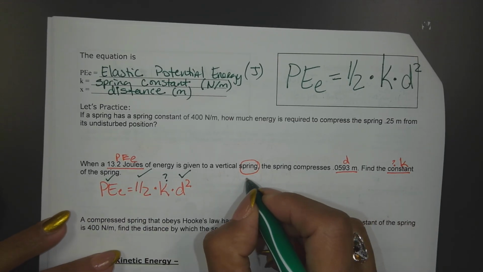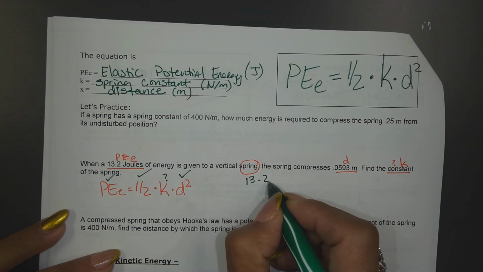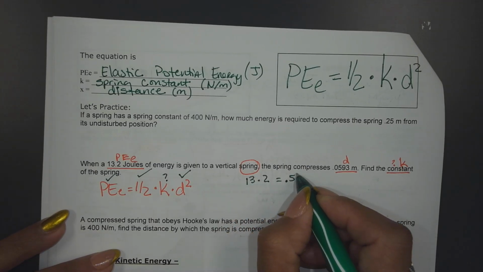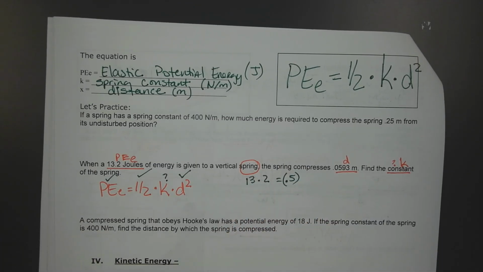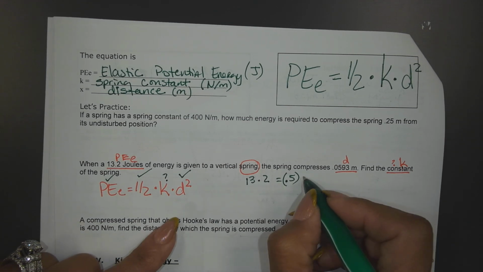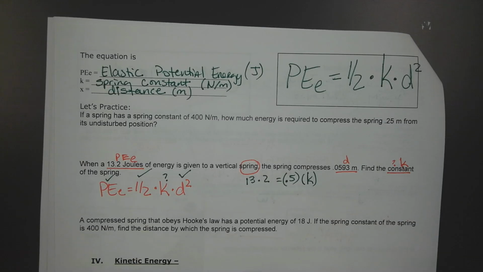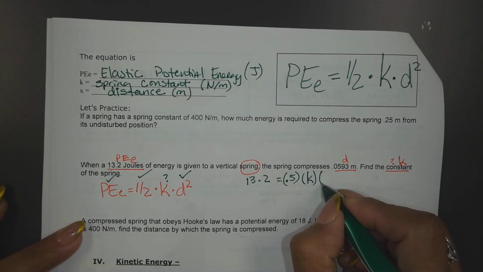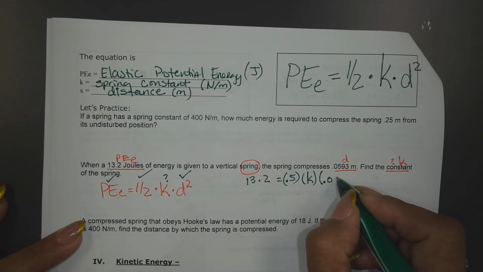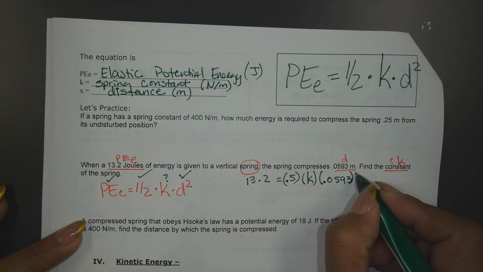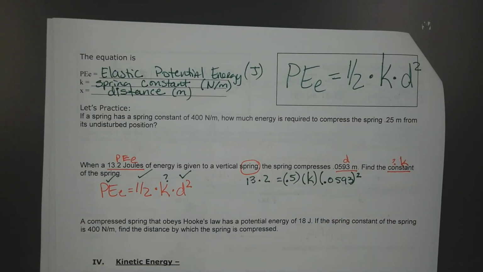Let's plug it in. I've got 13.2 equals 0.5, I change the 1/2 to the 0.5, multiplied by k, which I do not know and I'm looking for, multiplied by the distance, which is 0.0593. Please don't forget to square it.